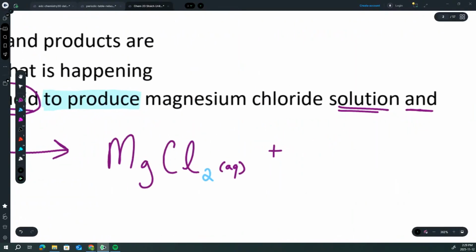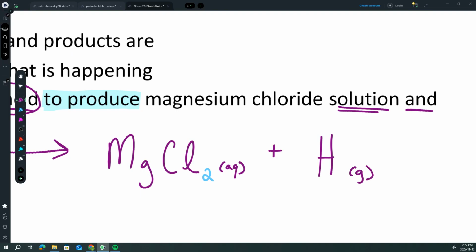With hydrogen gas here, it's tempting to just put capital H for hydrogen and then a G for the gaseous state. However, you do need to remember that hydrogen is part of our diatomic elements. That means whenever it's by itself, there are always 2 of them together.